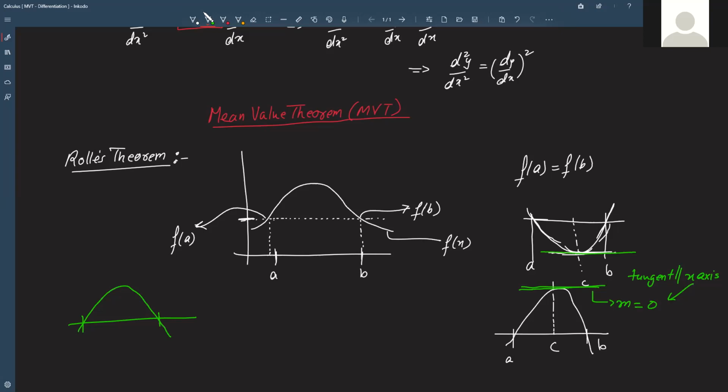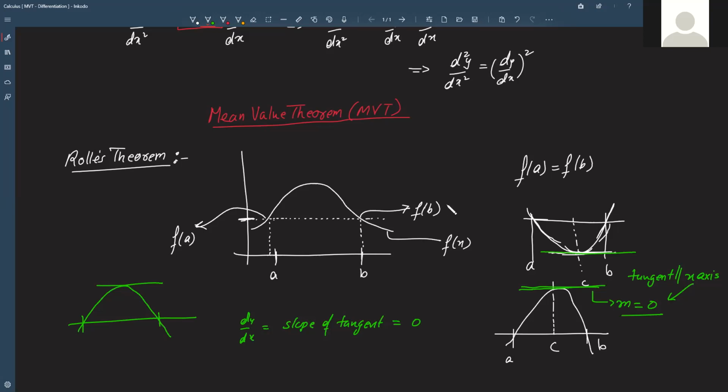The point where it returns, the tangent will be parallel to the x-axis. And if it is parallel to the x-axis, its slope is 0. And what do we know about slope and tangent? That dy by dx is equal to the slope of the tangent. And that slope is 0.